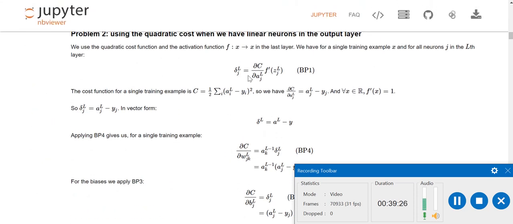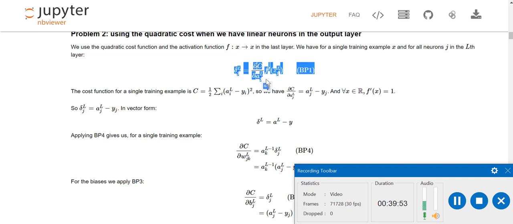So the error delta_j^l was the partial derivative of C with respect to the activation, times the derivative of the activation function at the particular point. And suppose we use this cost function. So the derivative with respect to the activation would be a_j^l - y_j.